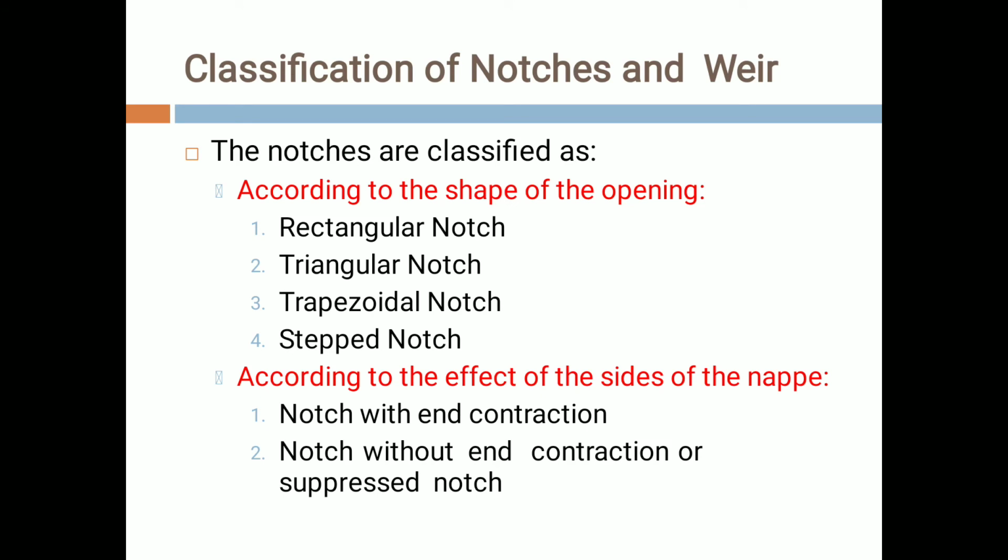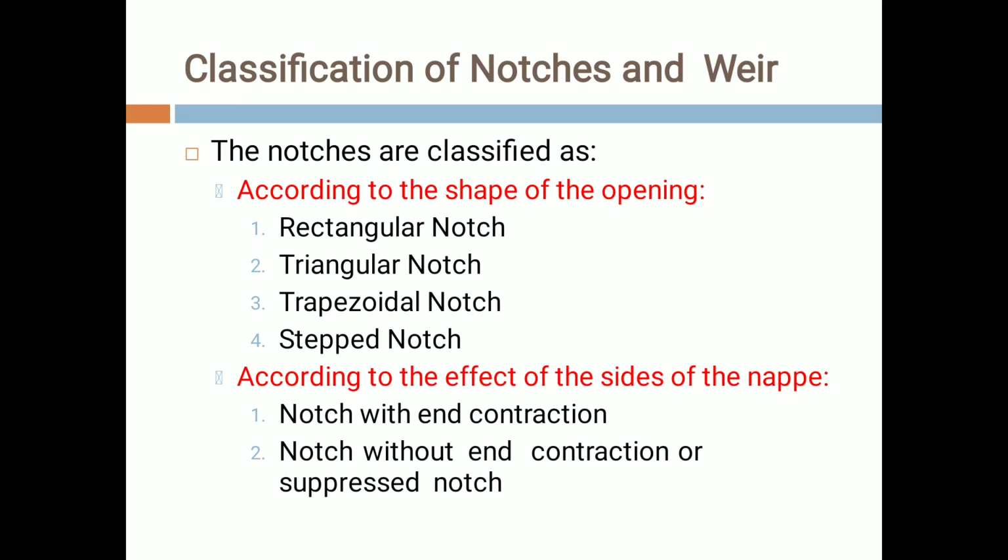So, classification of notches and weirs. The notches are classified, number 1, according to the shape of opening, and number 2, according to the effect of the side on the nappe.